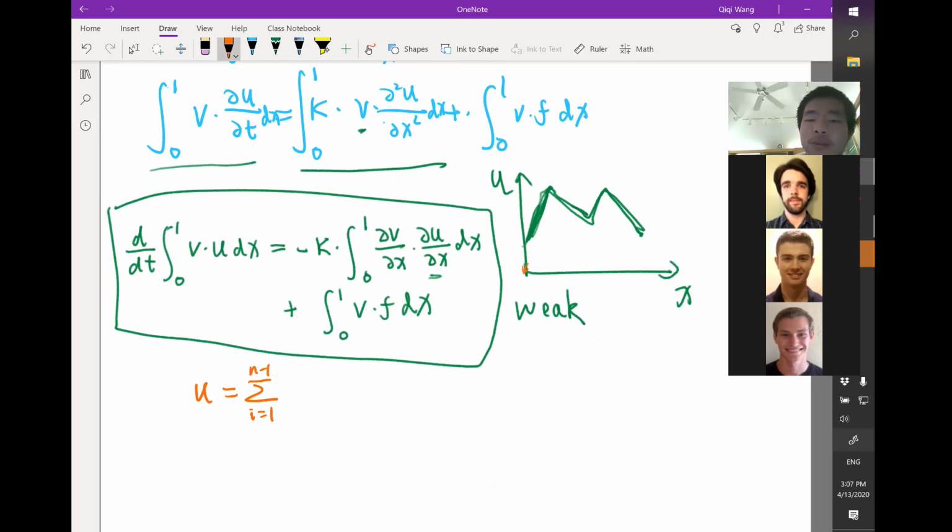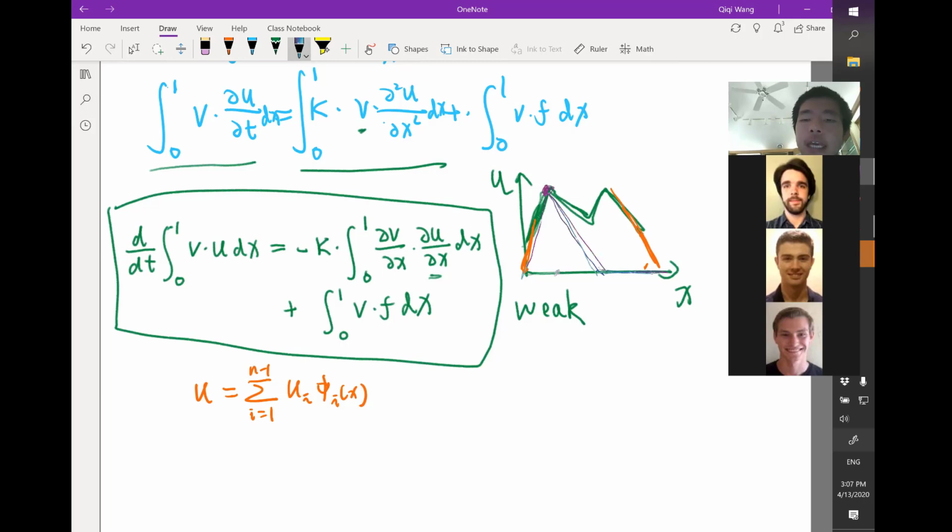So u actually has to be 0 here and here. Ui times phi i of x. And phi i of x are piecewise linear and continuous functions that are only non-zero at one of the grid points, right? So this is the first hat function.